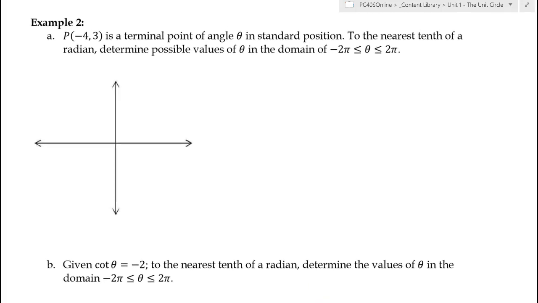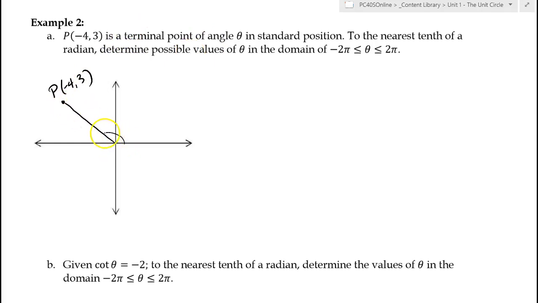Looking at example 2, we're going to be looking at a little bit more of the exact value and understanding of revolutions, going back to that very first lesson. So in example 2a, we've got point P at -4 and +3. And again, we just have to sketch it out. It's the terminal point of angle theta.